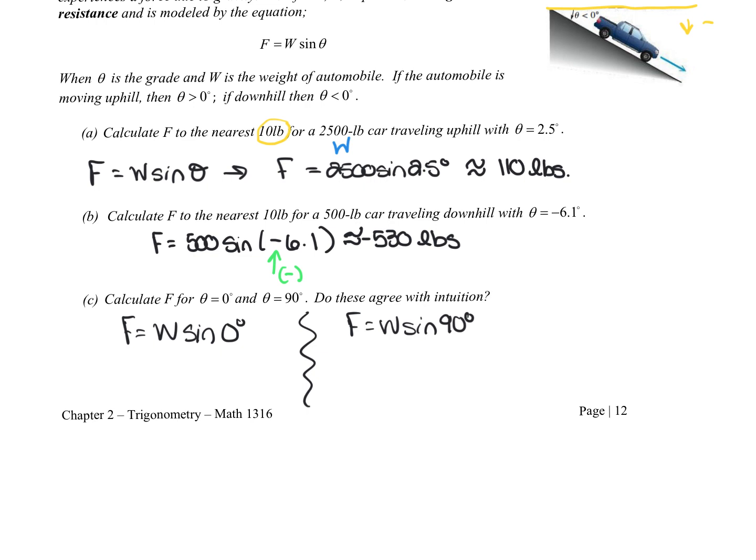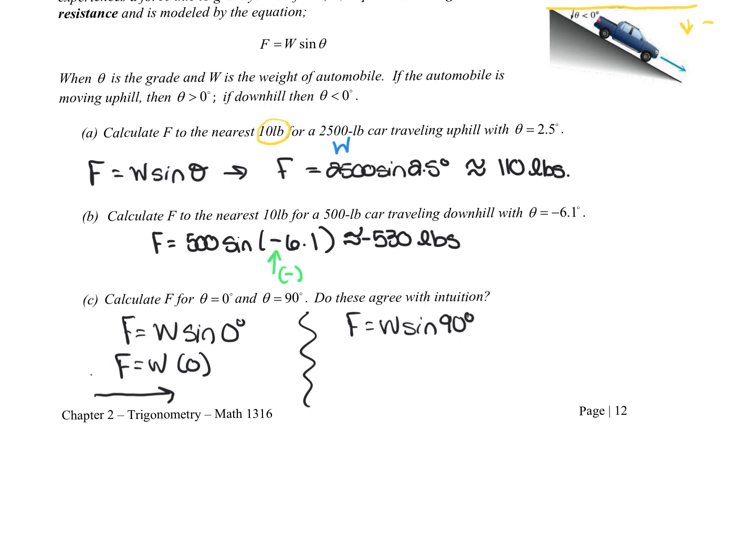So if you type sine of 0 in your calculator, you're going to get F equals W times 0. So that means the force equals nothing. There is no force because when I'm going straight 0, I haven't gone up or down. There is no grade on the road.